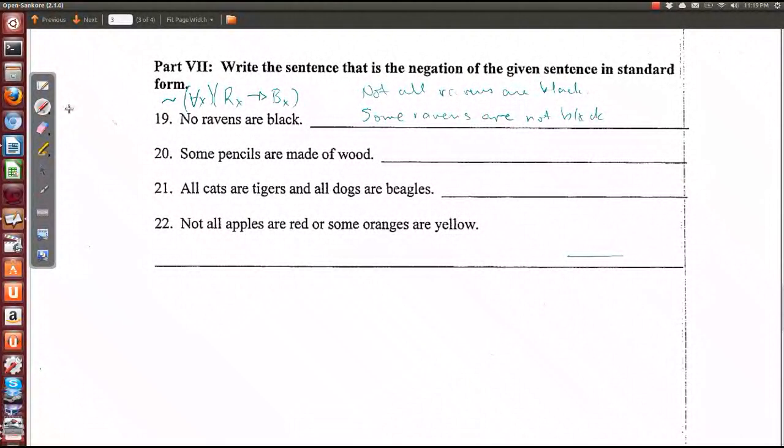For the second statement, some pencils are made of wood. This is an existential. I'm saying that they are pencils, and they're made of wood. And I want to negate this. So the opposite of an existential is a universal, all.